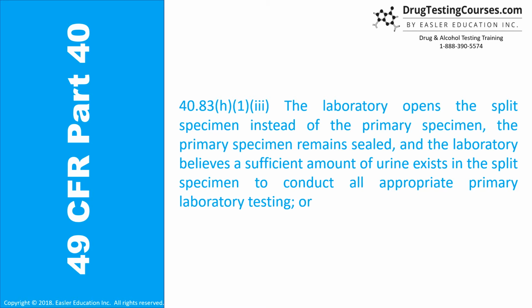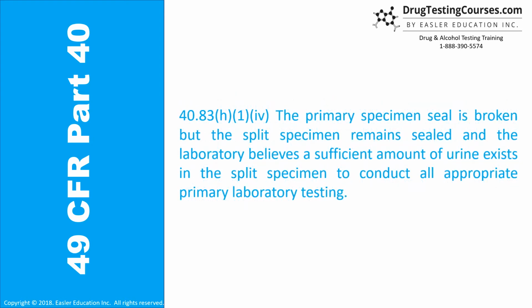The laboratory opens the split specimen instead of the primary specimen, and the primary specimen remains sealed, and the laboratory feels a sufficient amount of urine exists in the split specimen to conduct all appropriate primary laboratory testing, or 40.83(h)(1)(iv). The primary specimen seal is broken, but the split specimen remains sealed, and the laboratory believes a sufficient amount of urine exists in the split specimen to conduct all appropriate primary laboratory testing.